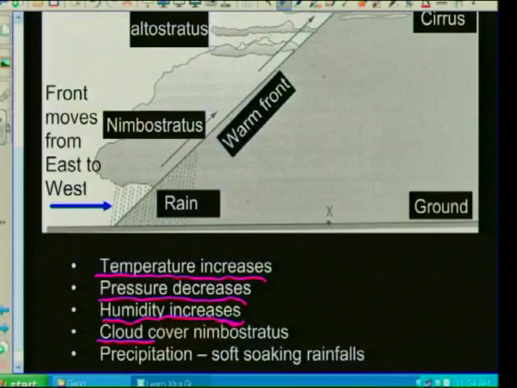Okay? Cloud cover, nimbostratus, because it's quite warm, there will be a certain amount of condensation that will occur as air is rising, but not as rapid as a cold front because temperatures drop and there's a vast or greater amount of condensation occurring with regard to the cold front. Here we may find nimbostratus clouds.